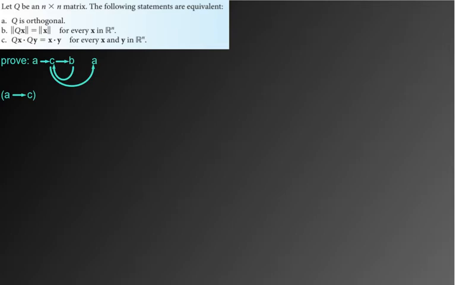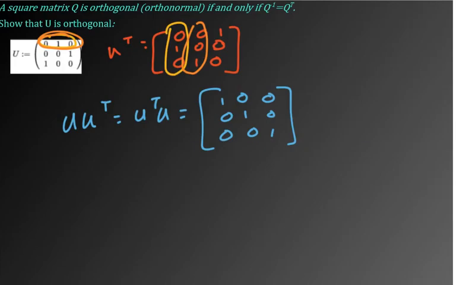So the first one I'm going to do is assume Q is orthogonal and show this dot product one happens, okay? What we use for our orthogonal definition is just what we have.